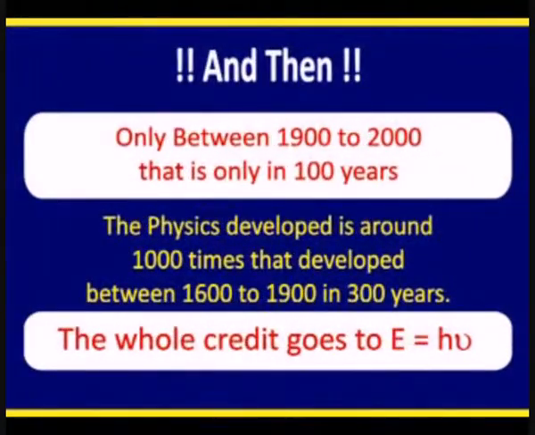Between 1900 and 2000, that is only in 100 years, the physics developed is around 1000 times that developed between 1600 and 1900, that is in 300 years. The whole credit goes to E equal to h nu. E equal to h nu was found to be a solution to the black body radiation problem. Max Planck gave it as the solution.